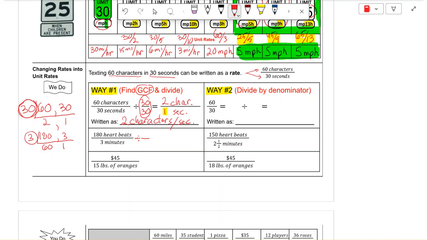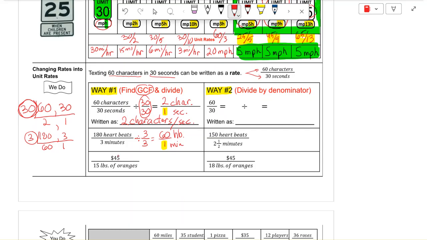And so 3 is our GCF. 180 divided by 3 is 60. And 3 divided by 3 is 1. You see that we have a 1 on the bottom? That's a unit rate. Now what is this? This is 60 heartbeats per 1 minute.